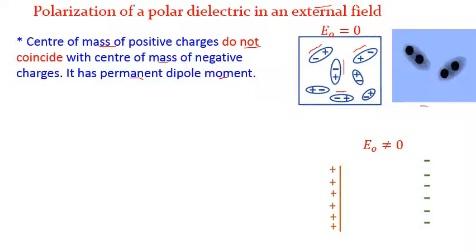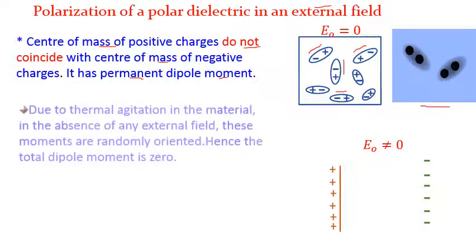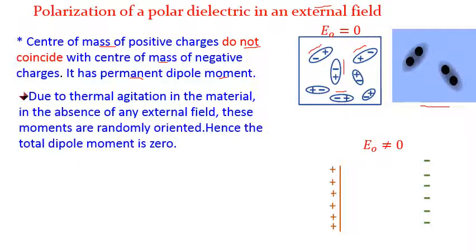From this animated figure also you can imagine how these moments are randomly oriented due to thermal agitation in the absence of an external field. Now when these are randomly oriented, the total or resultant dipole moment is 0. Means we can say that in the absence of an electric field, the net dipole moment of this polar dielectric is 0.